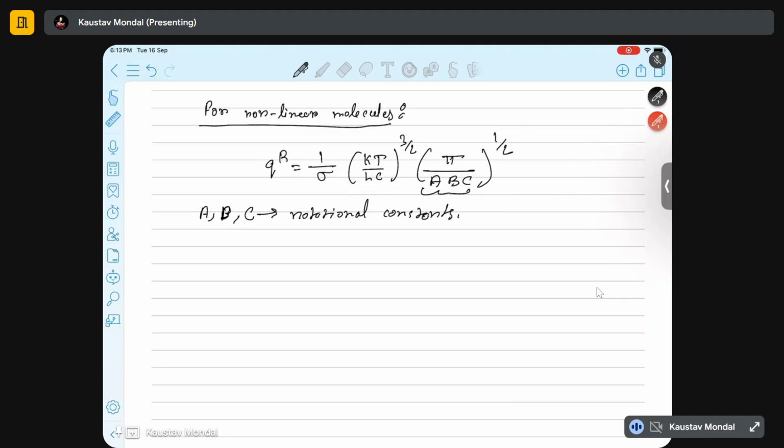You have to measure them experimentally, since different types of molecules have different values of A, B, C. So you have to do an experiment with the molecule to get the value of these rotational constants.